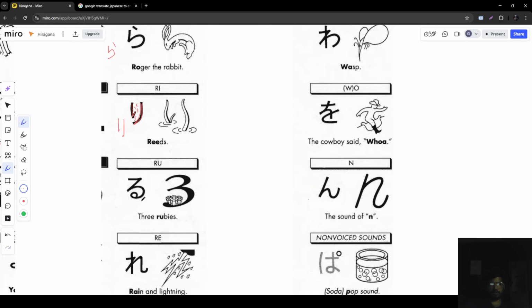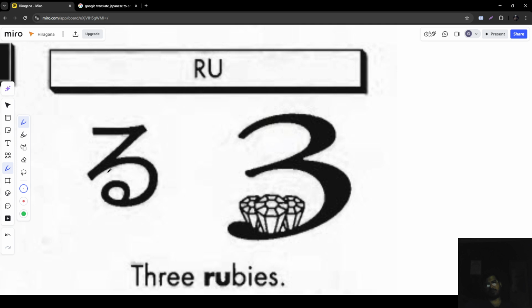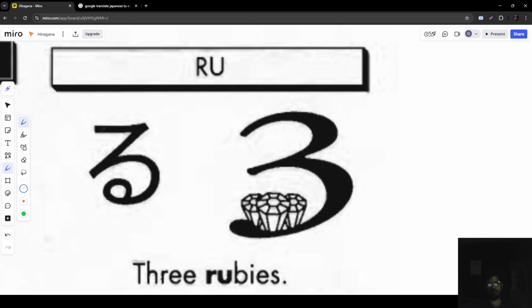The next one is ru. So how would you remember ru? Don't remember it the usual way. Remember it as if this is your hand and you have a ruby in your hand. This is a ruby.